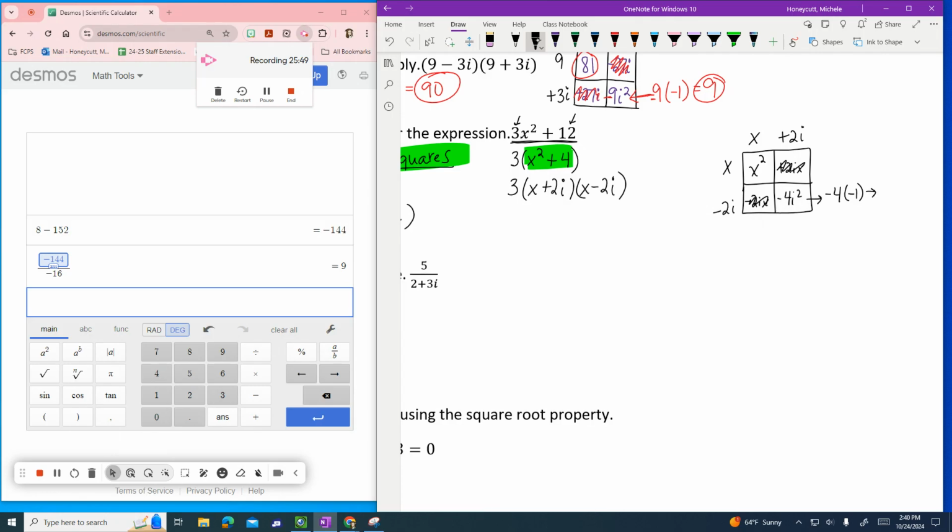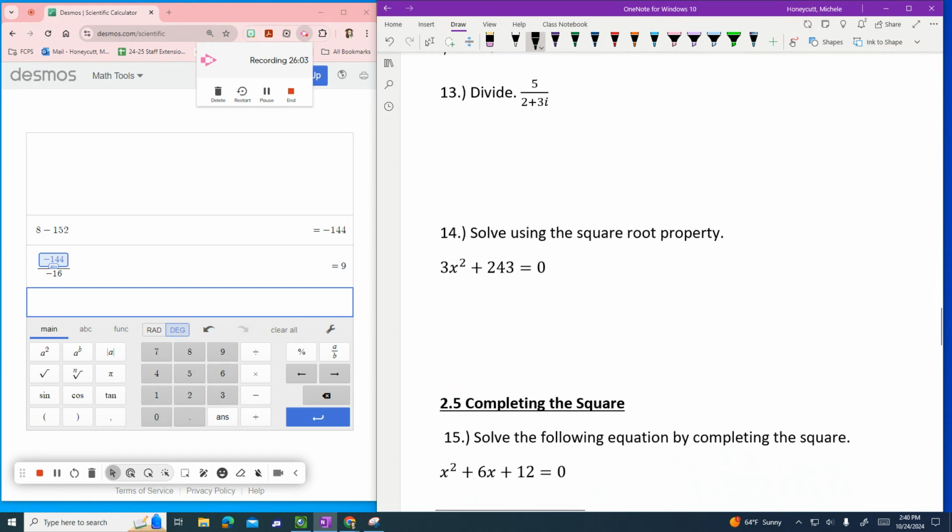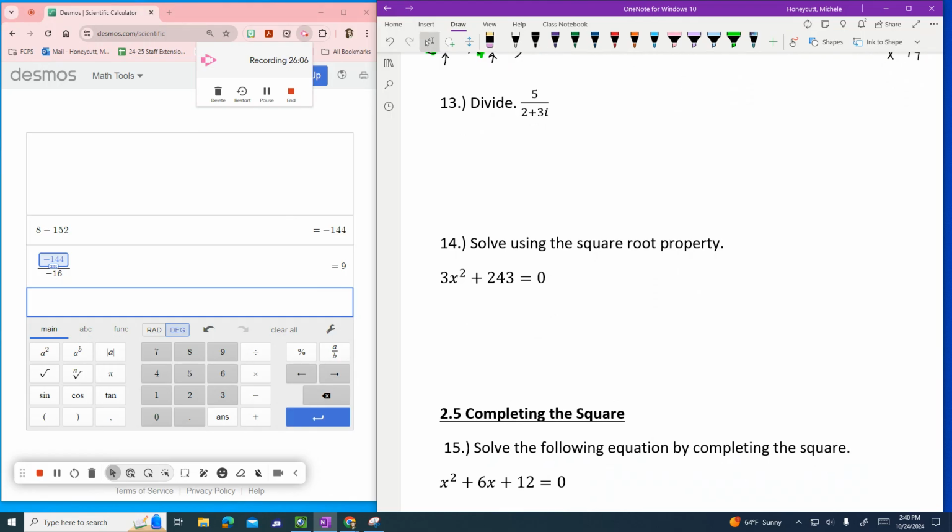Negative 4 times negative 1 is positive 4, so this ends up being x squared plus 4, which is what we were trying to factor. So here is your final factorization. This is a check step, checking my work.